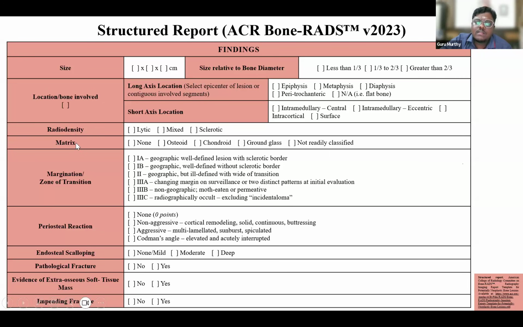Next, the matrix. These two will tell the histological possibility of the lesion. Next is the margination or zone of transition, periosteal reaction, endosteal scalloping, pathological fractures or soft tissue mass. These components will tell the aggressiveness of the lesion, which we discussed before. Then we have to tell whether there is any chance of impending fracture. So this is the structured reporting template by the ACR Bone-RADS team.